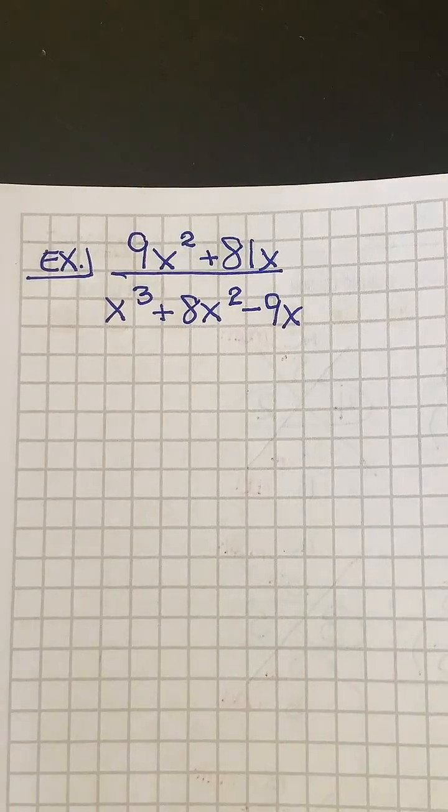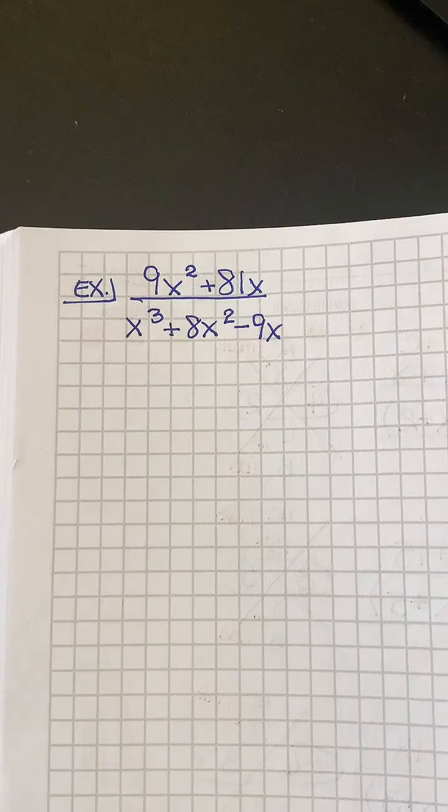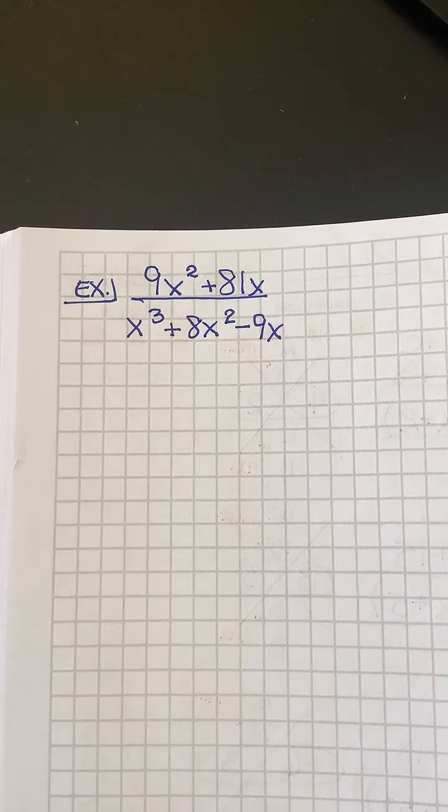So, 9x squared plus 81x over x cubed plus 8x squared minus 9x. If it's different terms, we're not factoring.